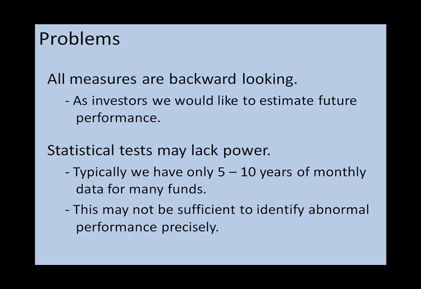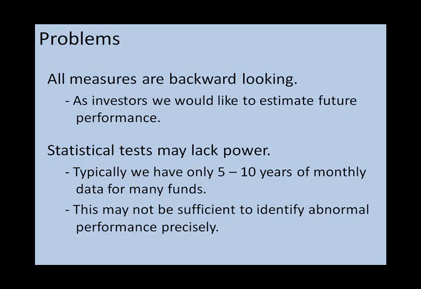The other problem we have is that our statistical tests for Jensen's alpha may lack power. Often we may only have 5 or 10 years of monthly data for a fund, and yet this may not be sufficient to identify abnormal performance. Suppose a fund manager has a Jensen's alpha of 1% a year.